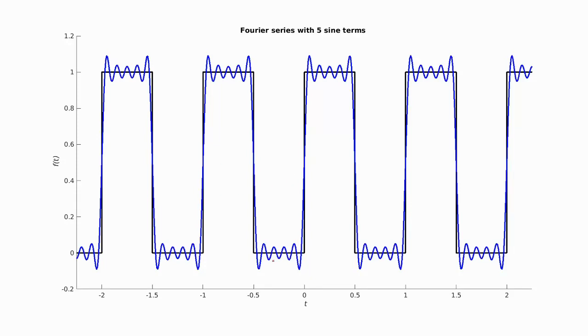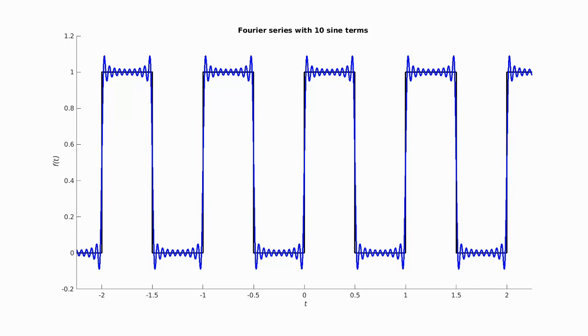With five non-zero sine terms in my Fourier series, I get a better representation of my square wave. Then let's look at 10 terms. In 10 terms, we see that we go even closer to the actual square wave.